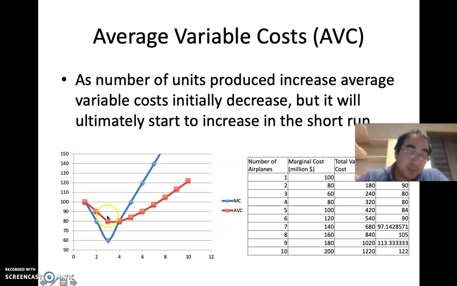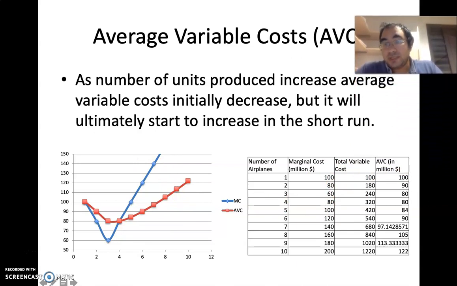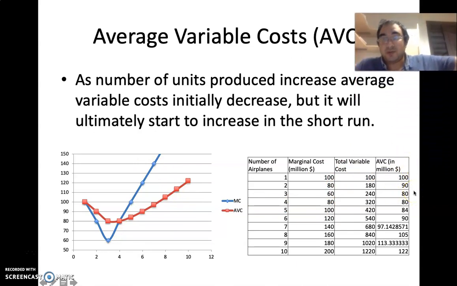Well, it doesn't necessarily start to move up at the point when marginal cost starts to move up, because when the additional units you add have ever decreasing costs, average variable cost decreases slower because it also has the weight of the previous units you have added, which were costlier in terms of marginal cost compared with the new units.